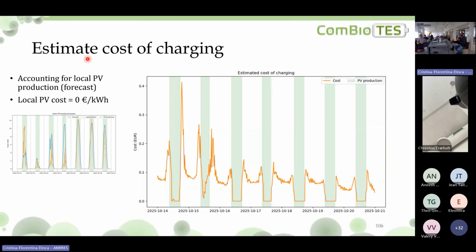Because we know that the external heater is rated at 3 kilowatt, when we charge, the charging electrical consumption is fixed at 3 kilowatt hour. And we assume that the PV production marginal cost is zero. So based on these two inputs, we are able to create an estimated cost of charging profile.